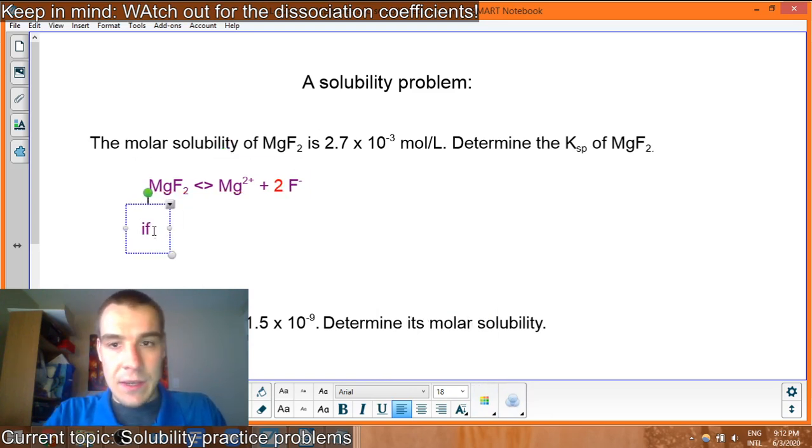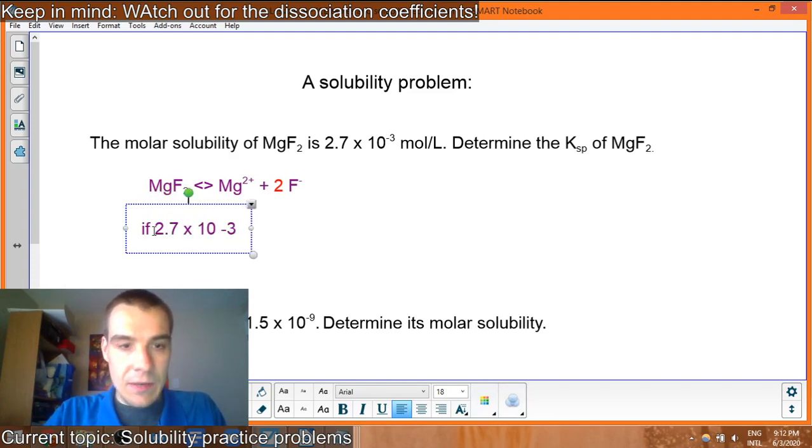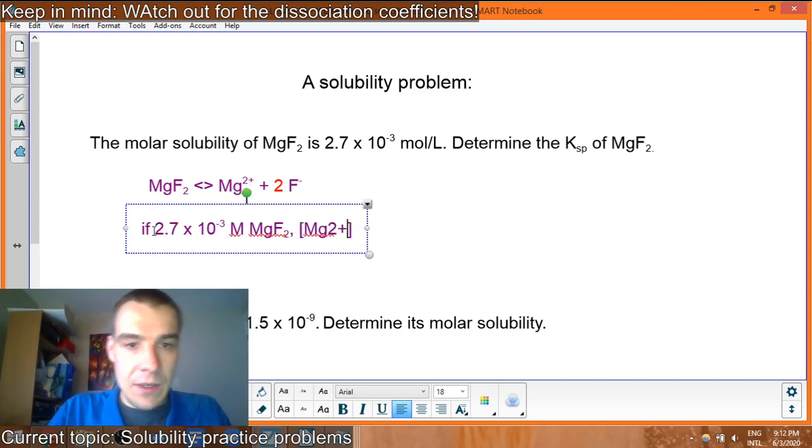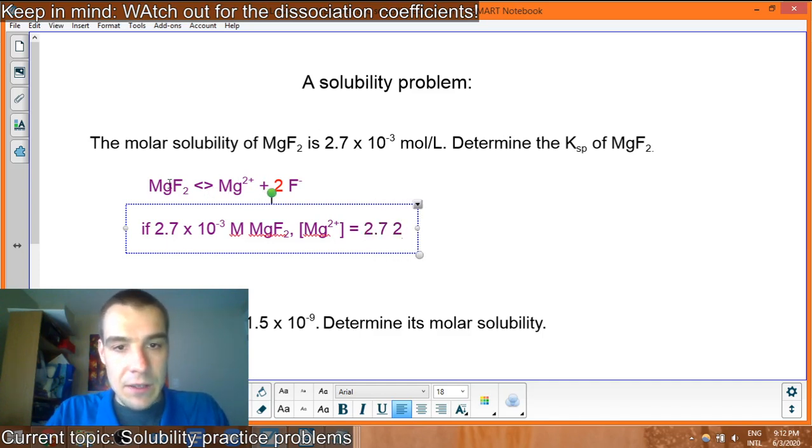So if there were 2.7 times 10 to the negative 3 moles per liter of MgF2, and if all of that dissolved, then the concentration of Mg 2+ is going to be 2.7 times 10 to the negative 3, because just one of those comes off of each one of those.